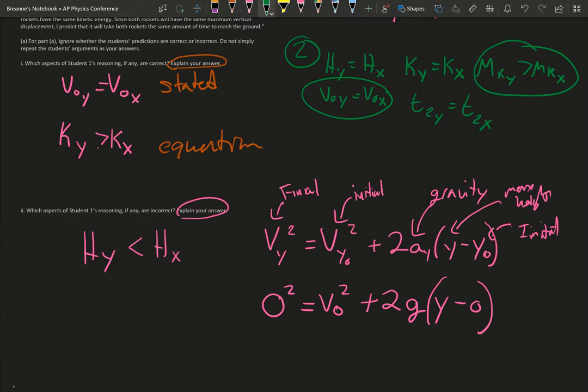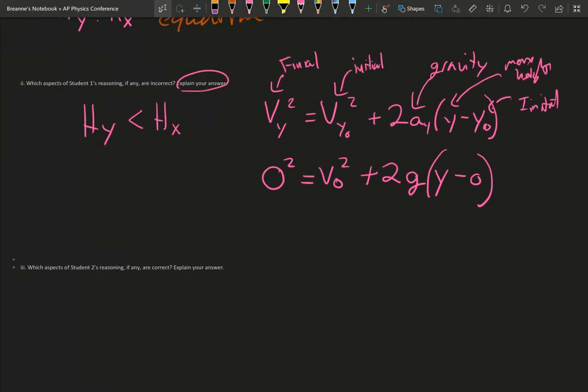So student 2 says it's going to be the same vertical displacement because they have the same vertical velocity. So it's this part, just kind of repeated. So this is correct, and the reasoning is that reasoning.